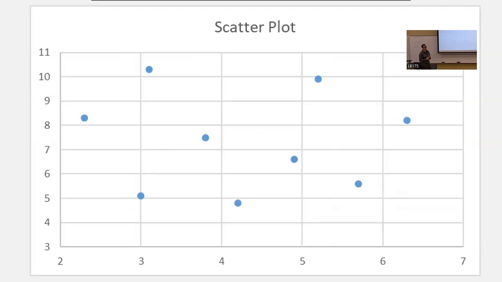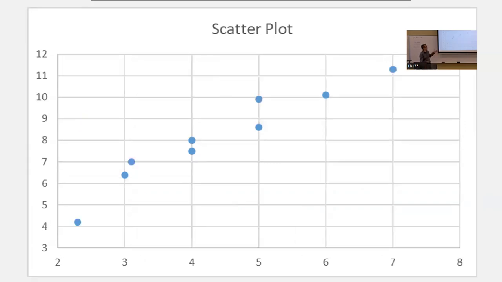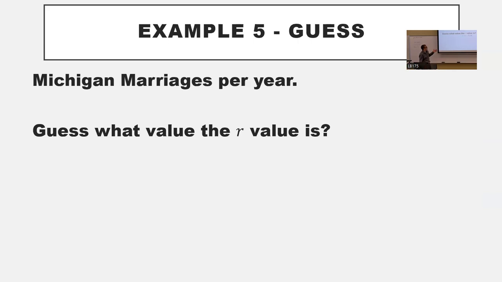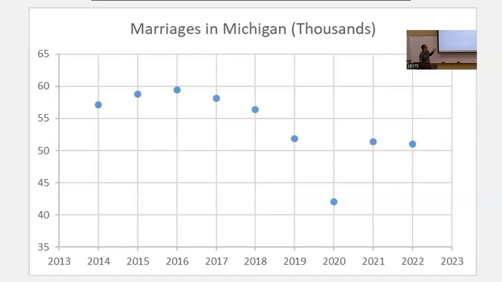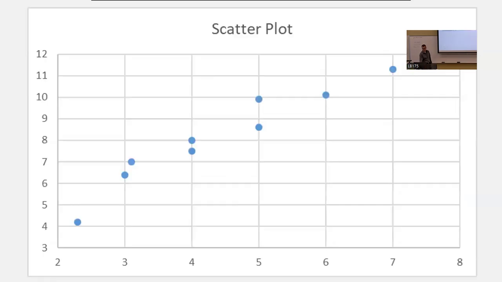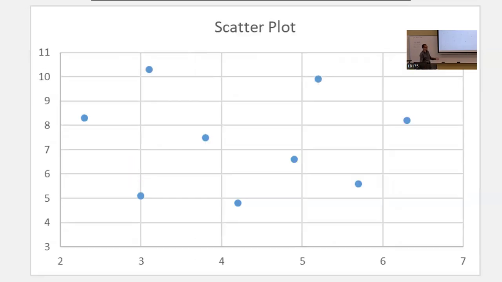How about this one? Closer to 0. Close to 0, right? That's it. That's all we're looking for. Close to 0. This one's close to 1. That one's close to like negative 0.75. This one's going to be really close to 0.